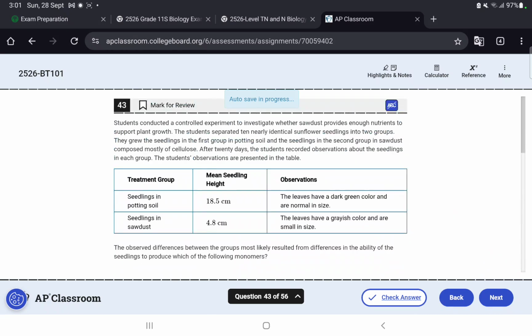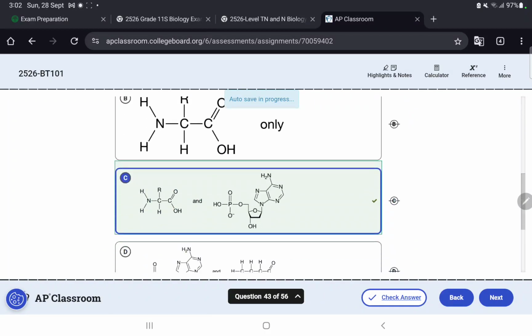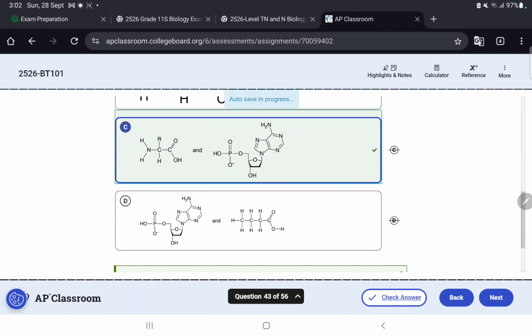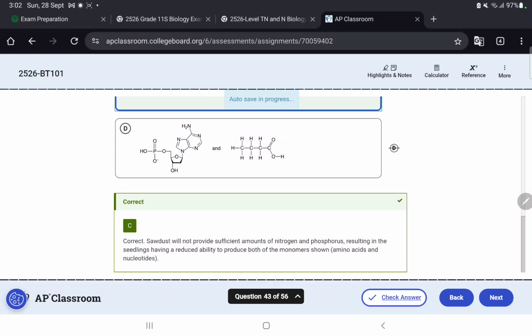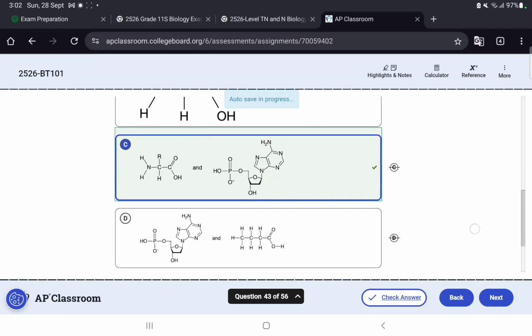Okay? And also, if you read more, students conducted a controlled experiment to investigate whether sawdust provides enough nutrients to support plant growth. The students separated 10 nearly identical sunflower seeds into two groups. They grew the seedlings in the first group in potting soil and the seedlings in the second group in sawdust, composed mostly of cellulose. After 20 days, the students recorded observations. Oh, okay, so they don't tell you that one of them has phosphorus and one of them doesn't. Basically, sawdust will not provide sufficient amounts of nitrogen and phosphorus, resulting in the seedlings having a reduced ability to produce both the monomers shown, amino acids and nucleotides.